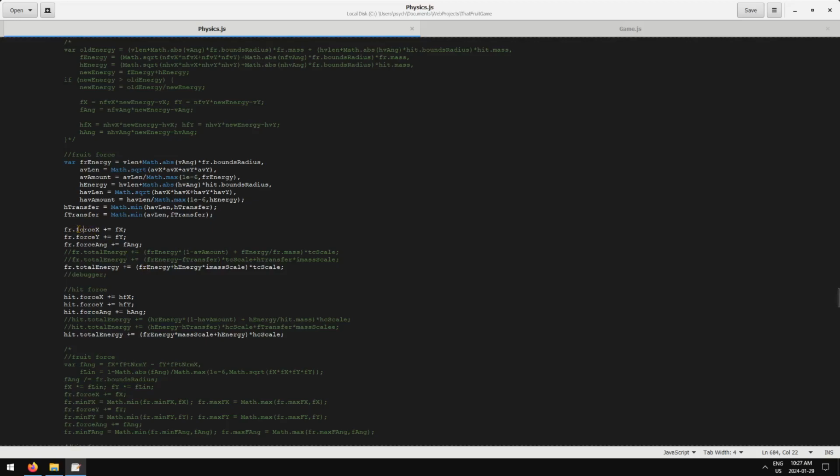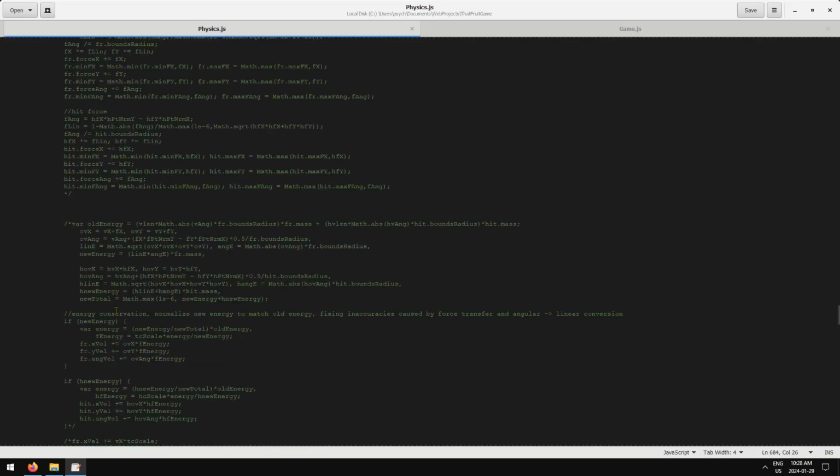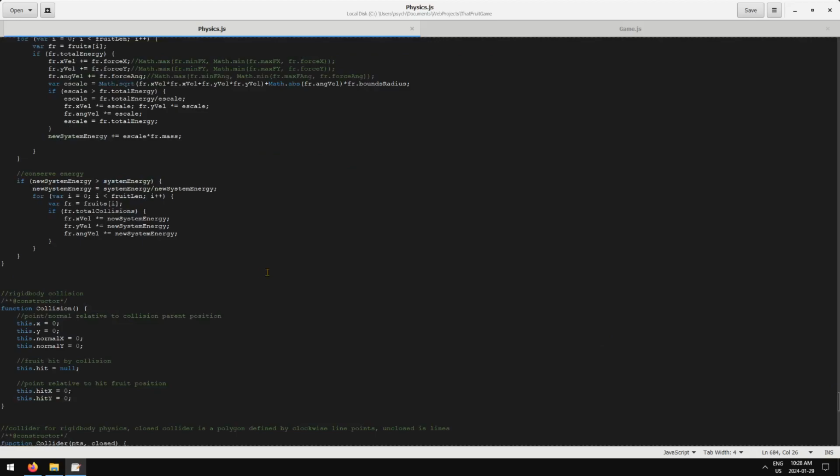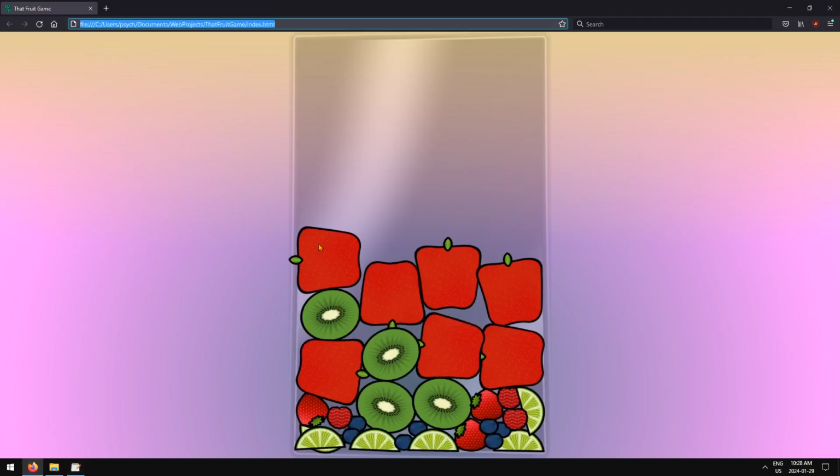Like if you imagine one object adding a force in one direction here, it seems like this would have energy, but actually another object is colliding with this and applying a negative force that averages out to 0. It isn't correct unless you apply that energy conservation after all those forces are averaged out, like down here.